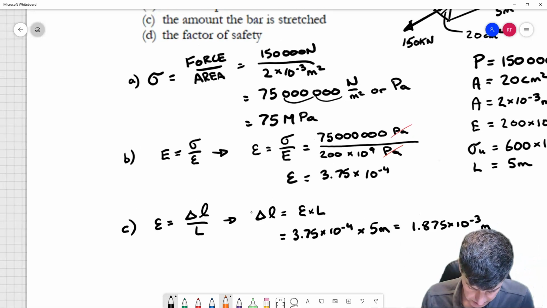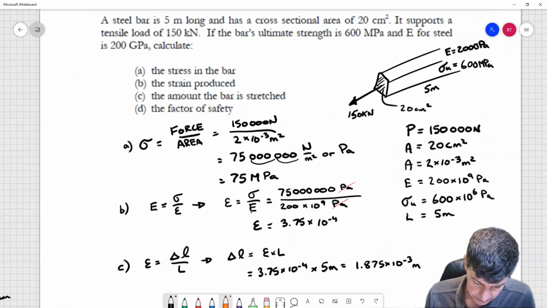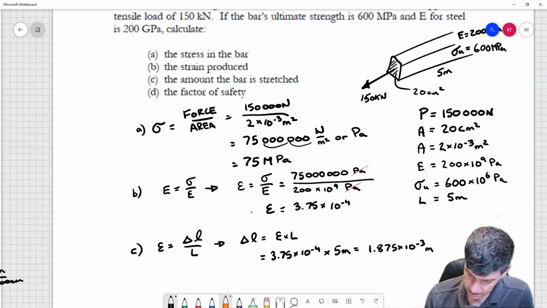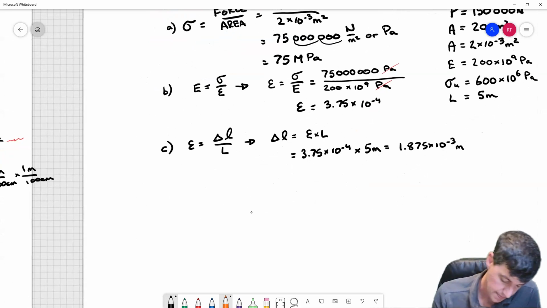So my object, which was 5 meters long, was under some load and stretched just under 2 millimeters, and that's probably a reasonable amount of stretch for a steel object.